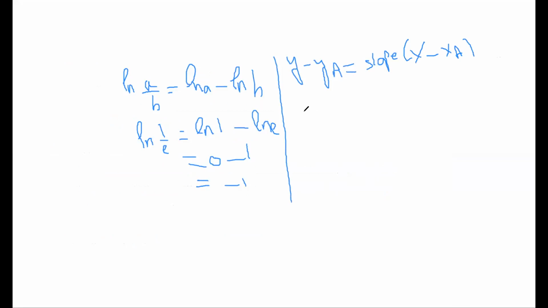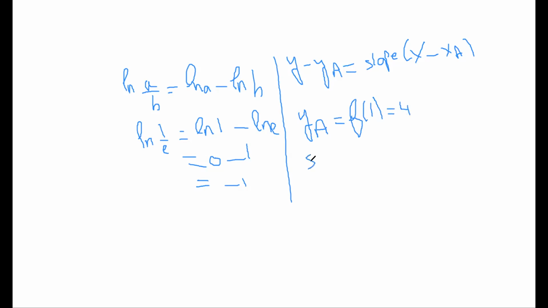To find ya, it is f of 1. We replace the value of f of 1 that we found a moment ago. f of 1 came out 4.